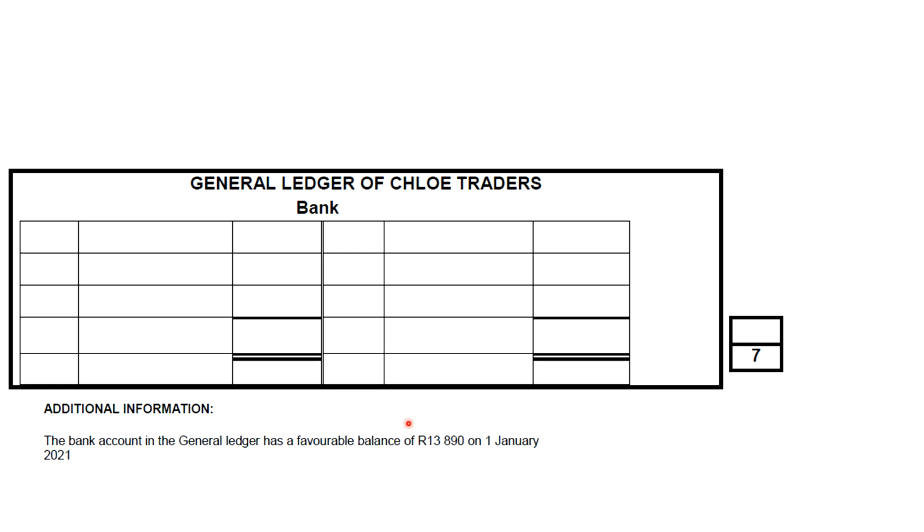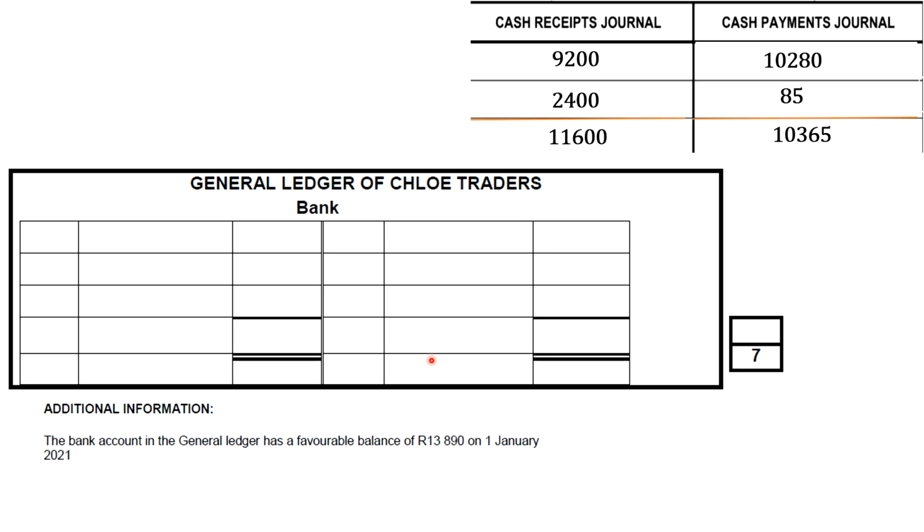To do our bank account, we need the totals in the CRJ and CPJ that we adjusted. So firstly, we record our balance brought down on the debit side, 13,890. That's the balance they gave us, and that's what we record on our debit side.